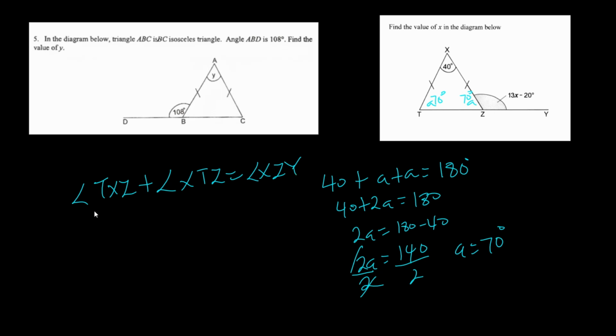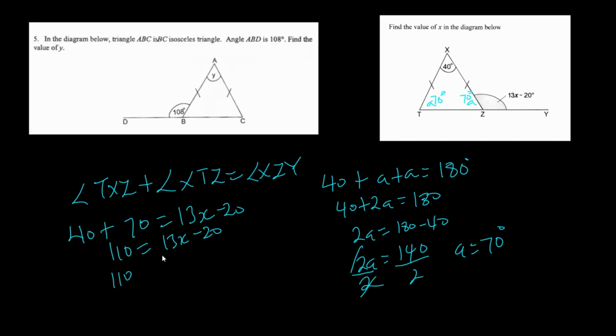Now angle TXZ is 40 and angle STZ is also 70, which is equal to 13x minus 20. Angle SZY is the 13x minus 20. So here this one is 110 degrees, is equal to 13x minus 20.